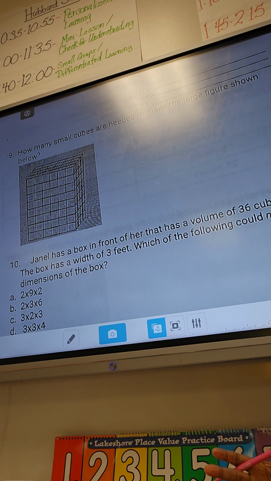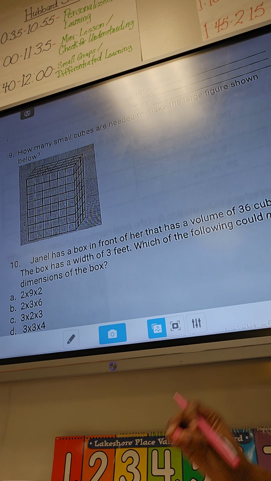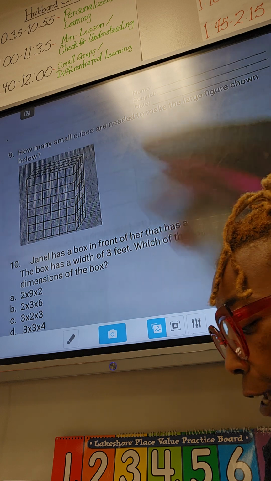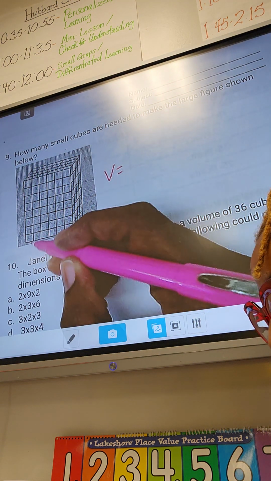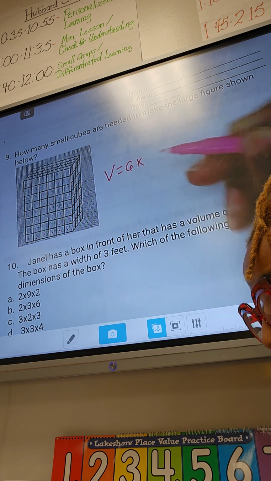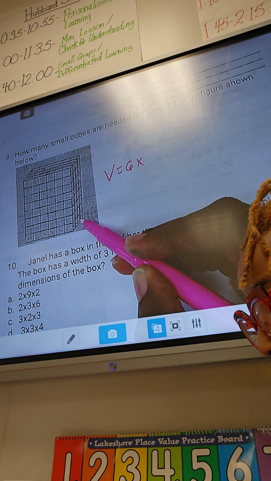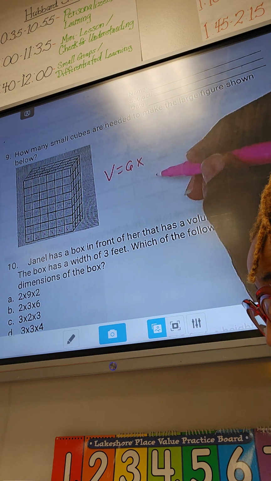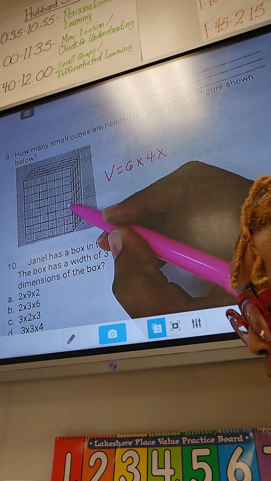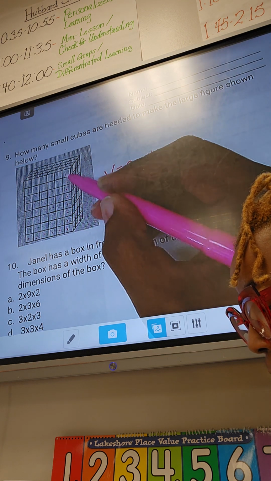How much can I fit is the volume. So if we're using cubic units, these cubes, how many of these will fit? Let's see. Volume equals 6 times 4 times 8.